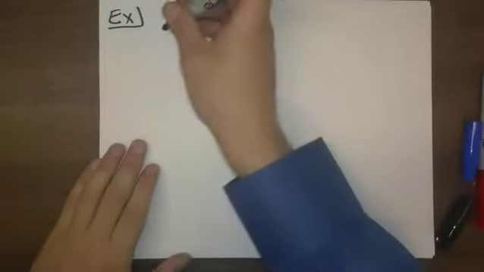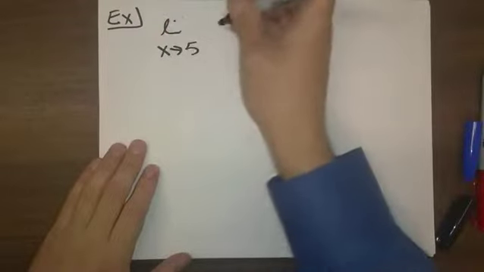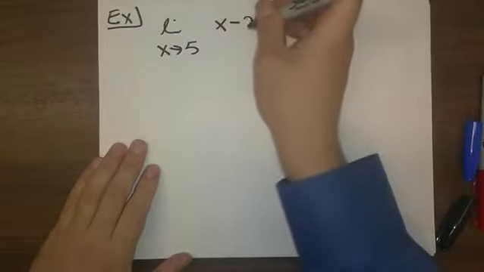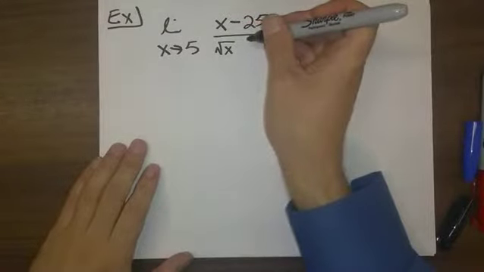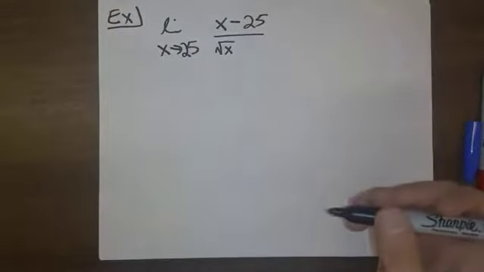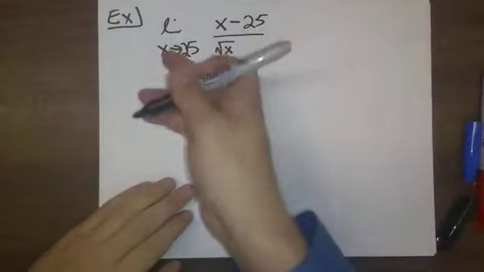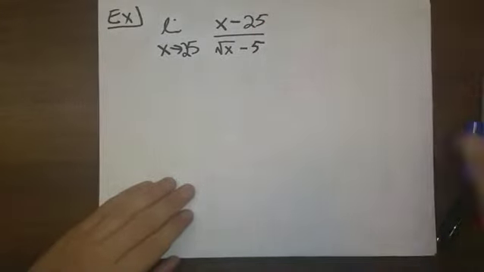What would happen if we had something like the limit as x goes to 25 of x minus 25 over square root x minus 5?